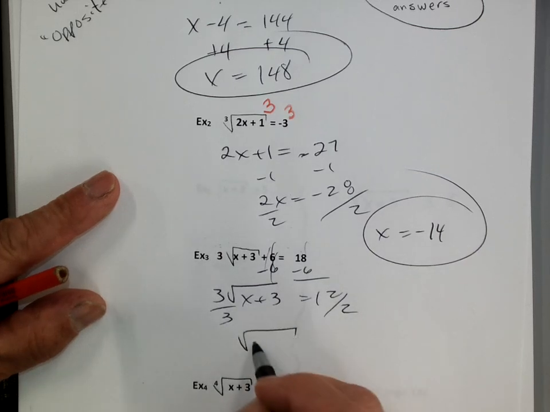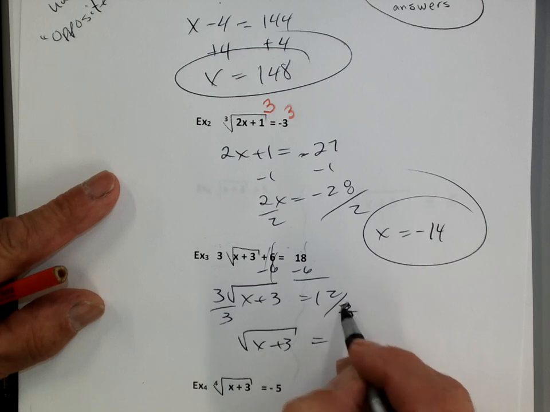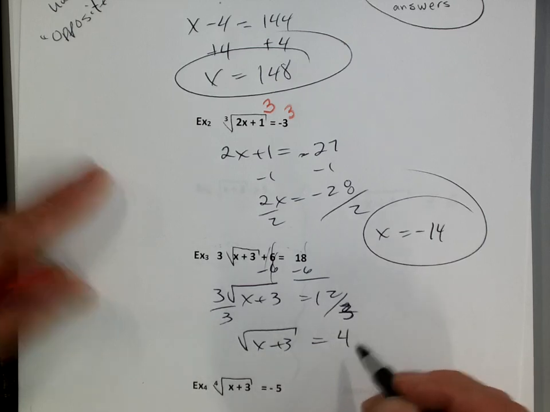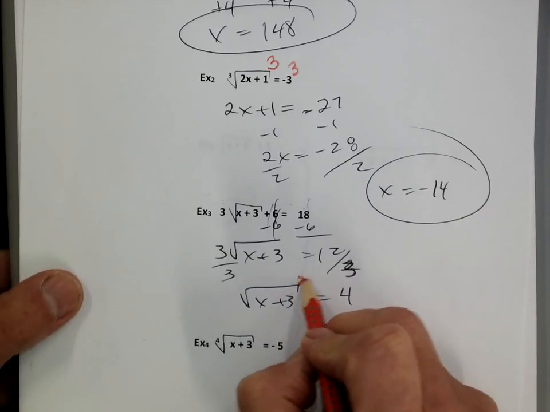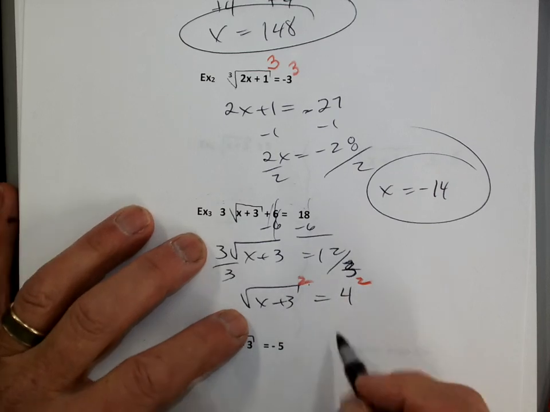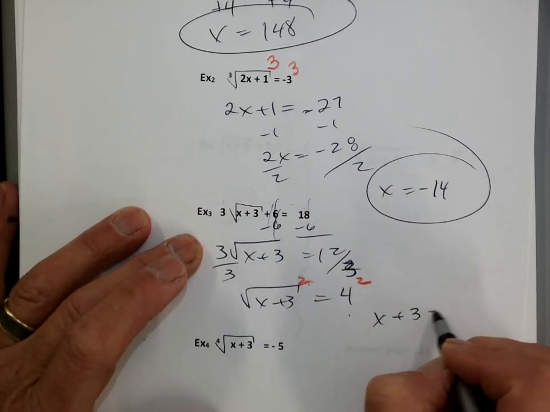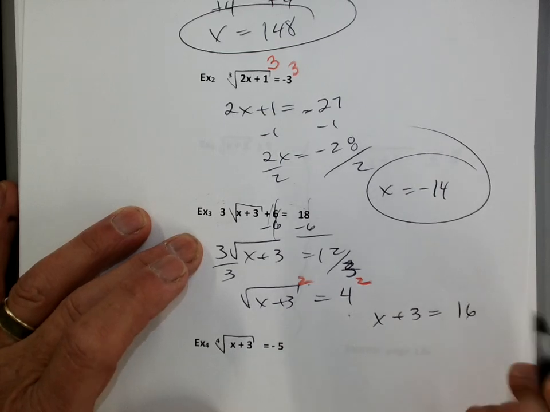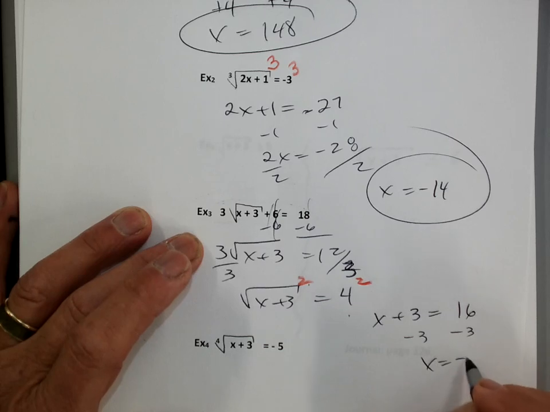I've got the square root of x plus 3 equals 4, and then we're going to square it. So the square cancels the square root. I'll be left with x plus 3 equals 16. Minus 3, x equals 13.